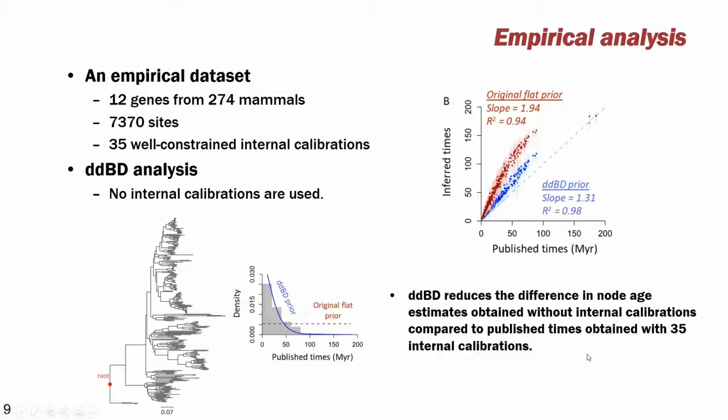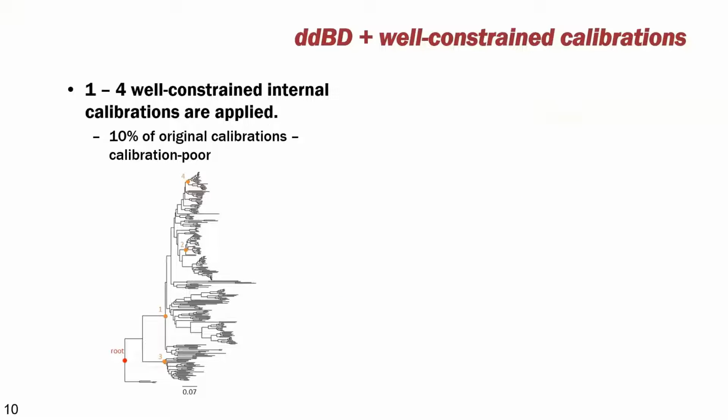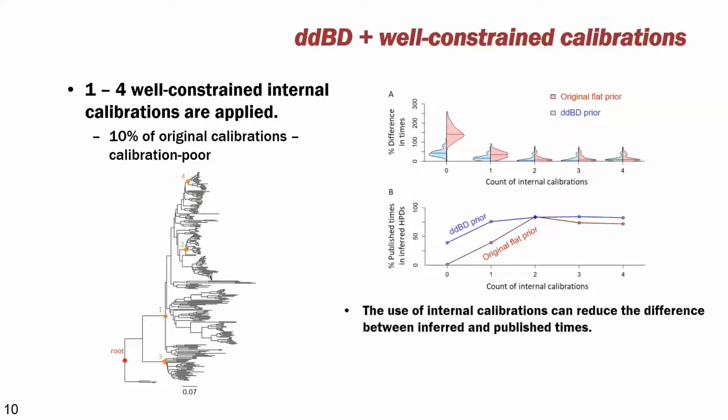And then we applied a few well-constrained calibrations along with the data-driven tree prior. We used 1 to 4 well-constrained internal calibrations, which is about 10% of the original calibrations. We found that the use of internal calibrations reduced the differences between the inferred and the published times.